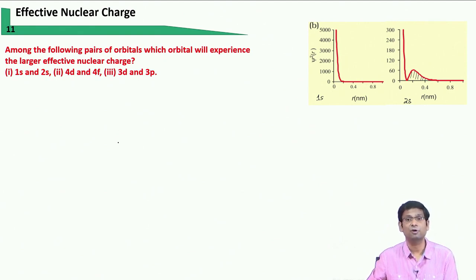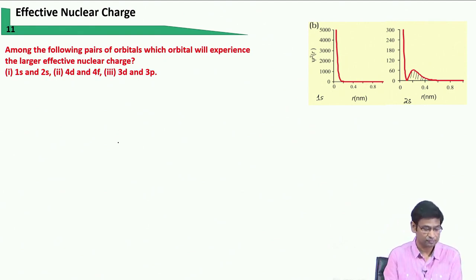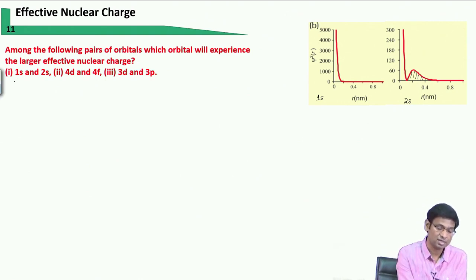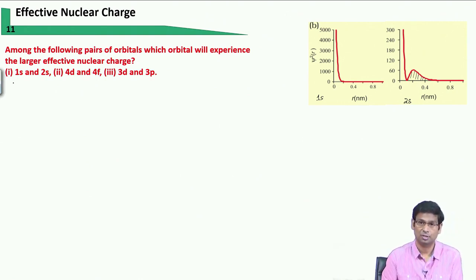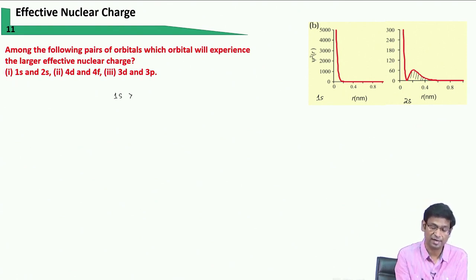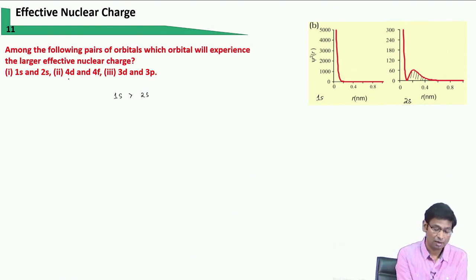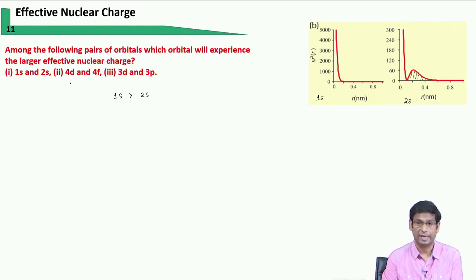Now let us compare 1s and 2s. Of course, the 2s electron is found farther from the nucleus compared to the 1s electron, since the 1s orbital is closer to the nucleus. Therefore, the effective nuclear charge of 1s will be greater than that of the 2s orbital.